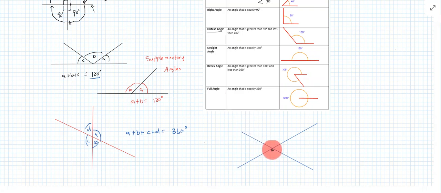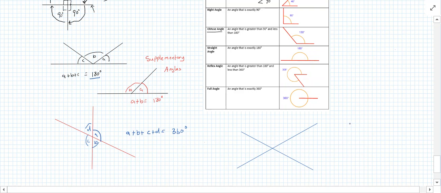The point is here, and what they will actually form are what are known as vertically opposite angles. So what do we mean by that?